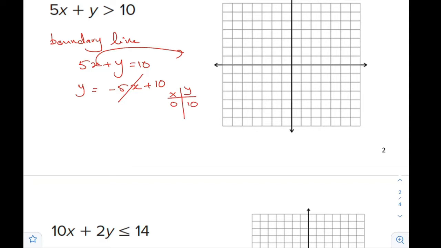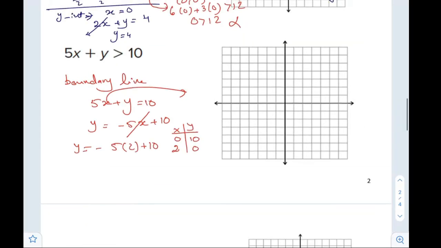If x is 2, y is negative 5 times 2 plus 10. Negative 10 plus 10 is 0. And we can rescale it. We can say 2, 4, 6, 8, 10, and this is as well 2, 4, 6, 8, 10. 2, 0 is this one. 0, 10 is this one.